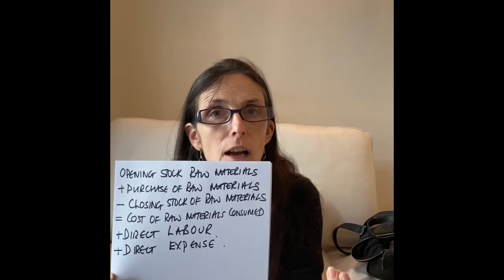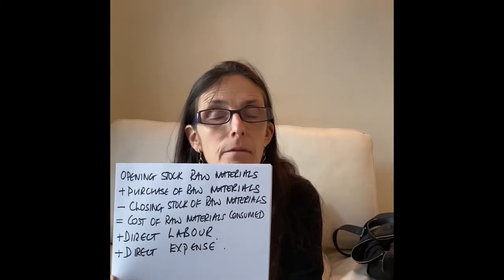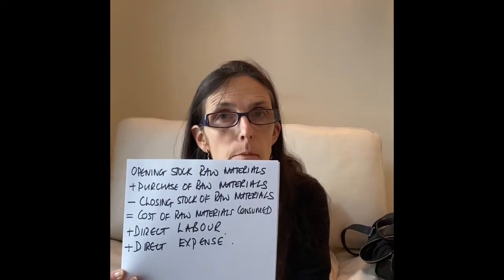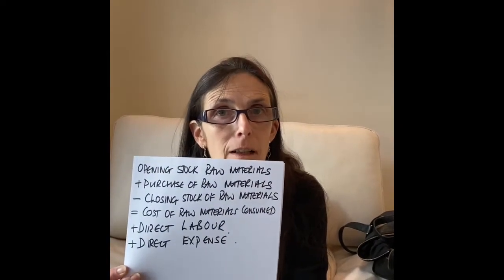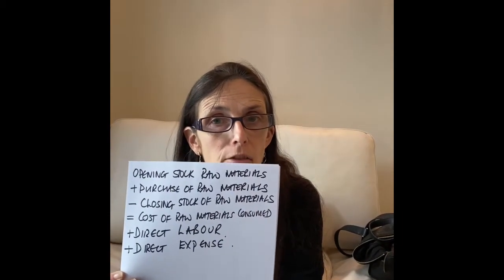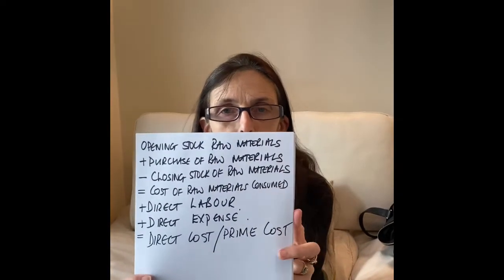These three direct costs added together, the direct materials, the direct labour and the direct expenses, all added together equal your direct cost or prime cost.